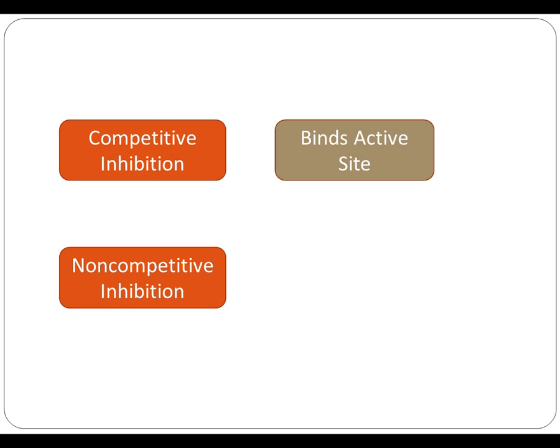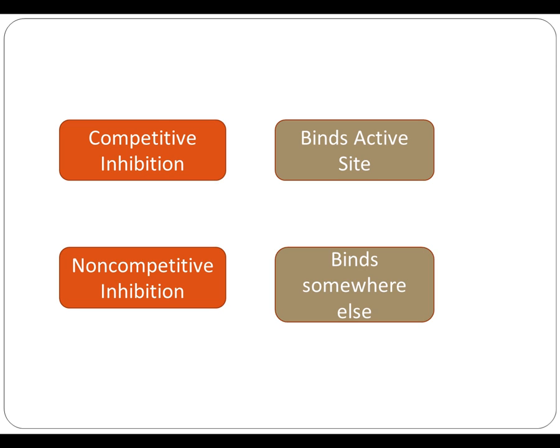By converse, non-competitive inhibition, the product must bind where? In non-competitive, it would bind somewhere else that's not the active site. So in non-competitive inhibition, a product can bind on one of the enzymes in the pathway somewhere other than that enzyme's active site.